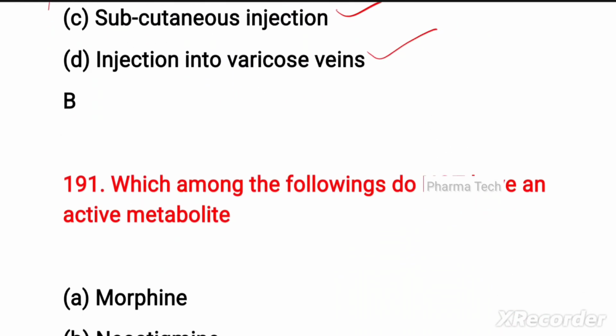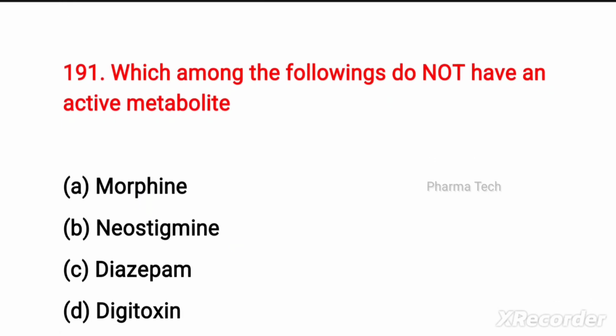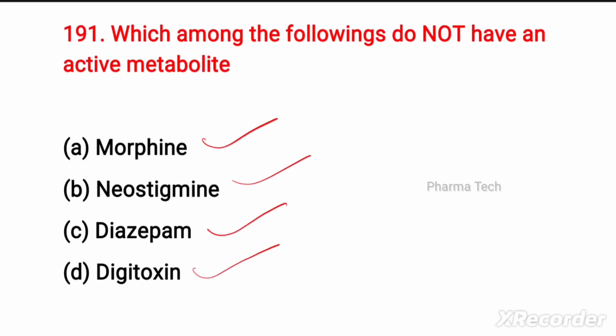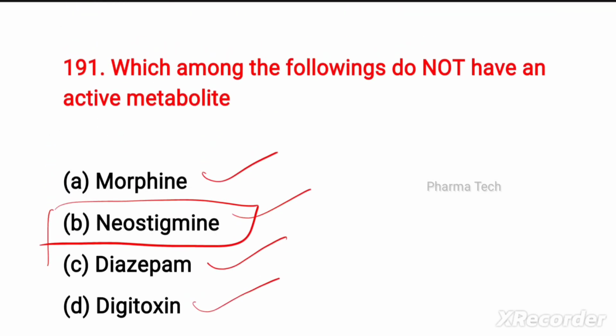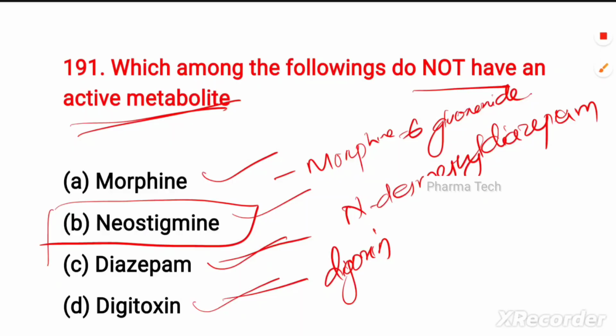Next question, which among the following does not have an active metabolite? Options are morphine, neostigmine, diazepam, digitoxin. Answer is B, neostigmine. Neostigmine does not have an active metabolite. Active metabolite of morphine is glucuronide.